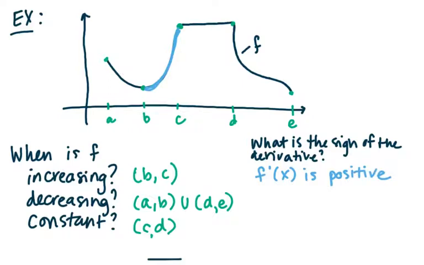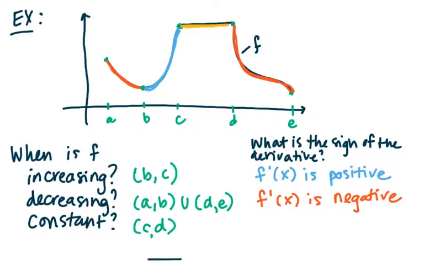If we look at areas of decrease, we said from A to B and from D to E. If you look at those two sections, we could describe the slopes in both of these intervals as negative. And thus, the derivative in those intervals would also be negative. And last but not least, constant.